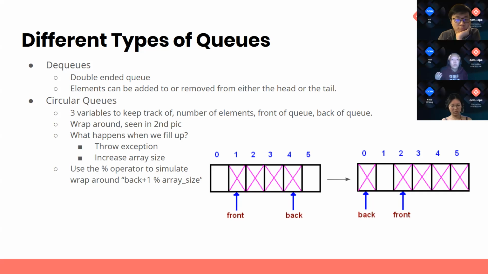But in a circular queue, we could actually go in a circle. You can loop around and let index 0 be the end of the queue, and you just have to keep track of where your back and your front are.